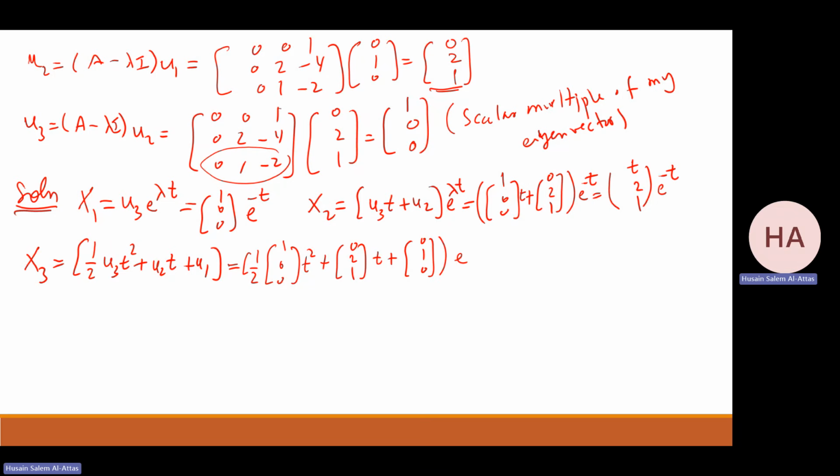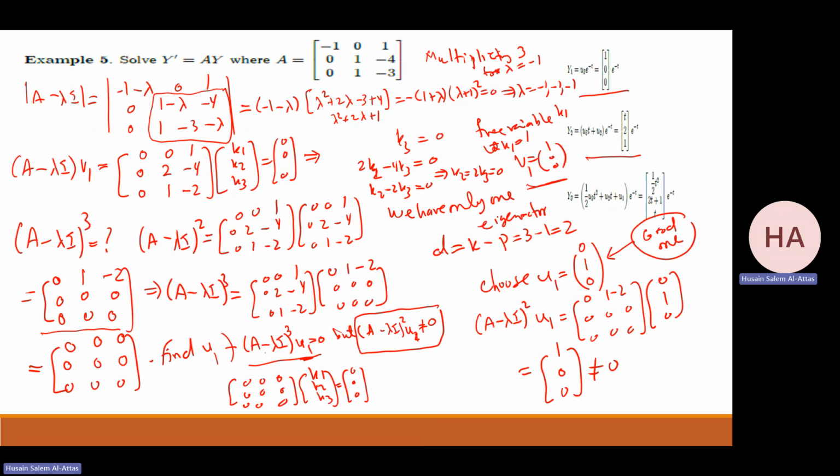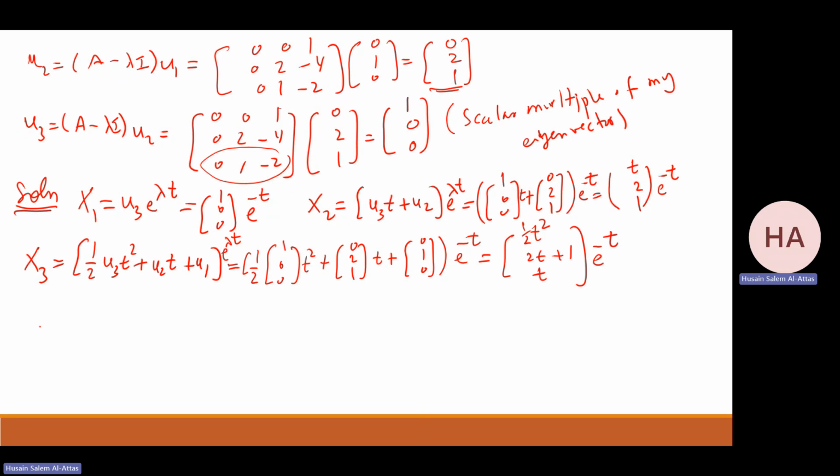All of this times, don't forget, e to the lambda t, e to the minus t. That will be what? Half t squared, here I have 2t plus 1, and the last one will be t, times e to the minus t. My general solution X will be C1 X1 plus C2 X2 plus C3 X3.